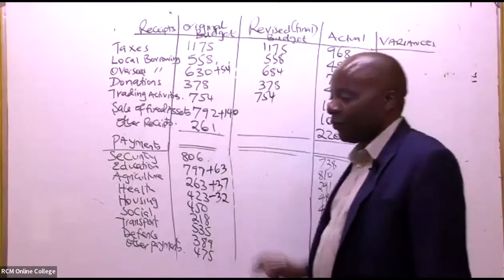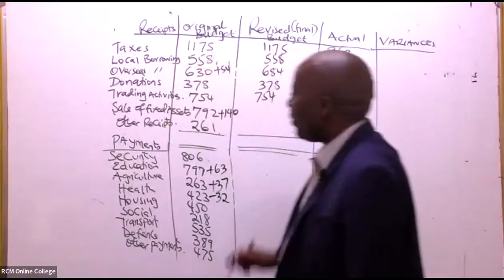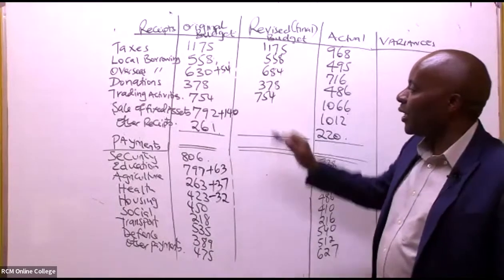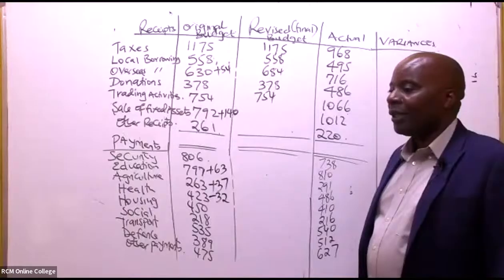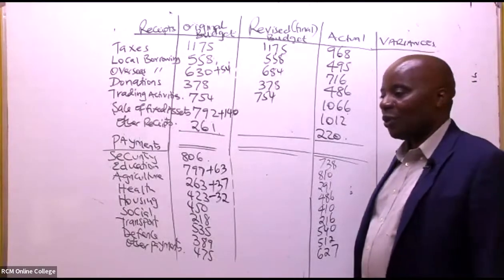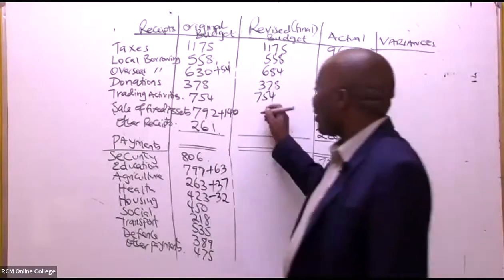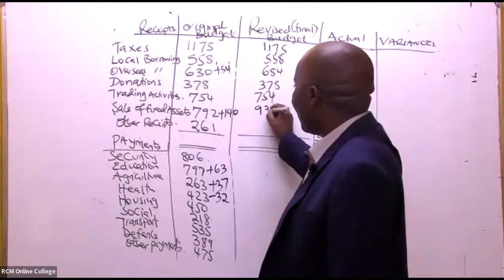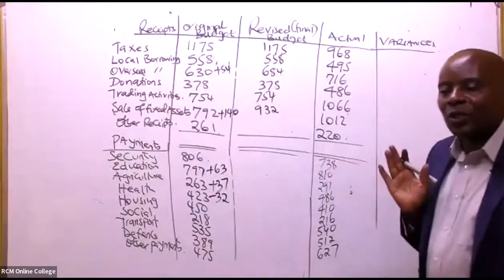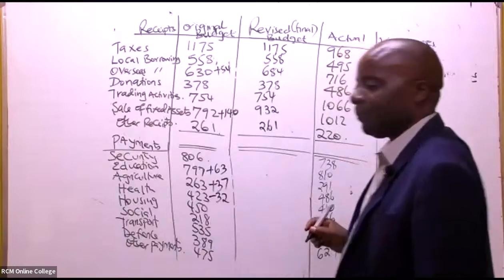This one is quite crazy for me. You guys are young, you must give me this figure: 792 plus 140. Please give me the figure to put here. 932. And this has not been proposed for any changes, so 261 remains like that.